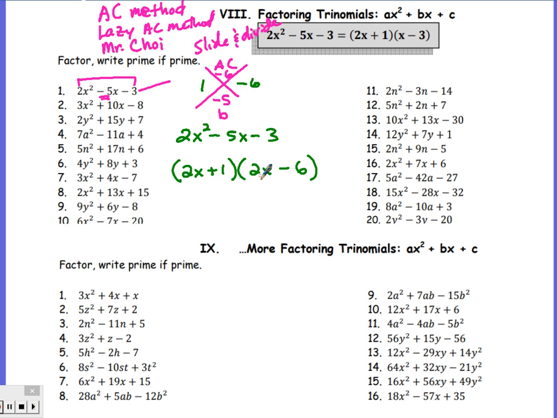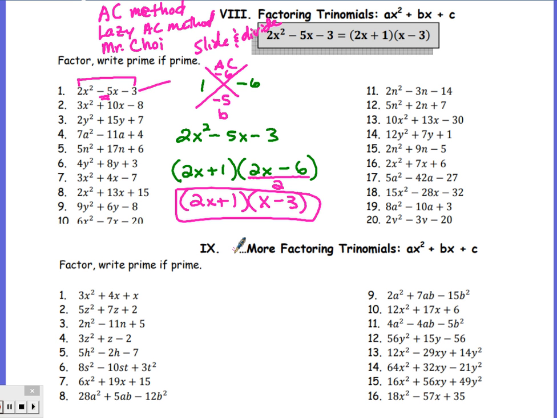So I want to see which of these has a GCF, which of these has something in common. Well, this one right here has a 2 factor in common. So I'm going to factor out that 2 and get x minus 3. There are my factors. Wow. So that was the lazy AC method. It was a little quicker by just looking at it, putting an extra 2 in and then simplifying that 2 out.